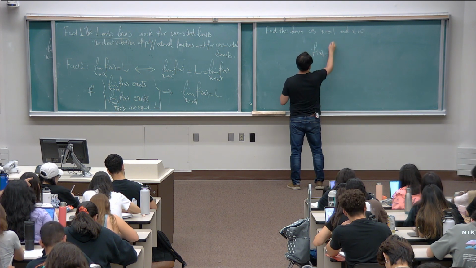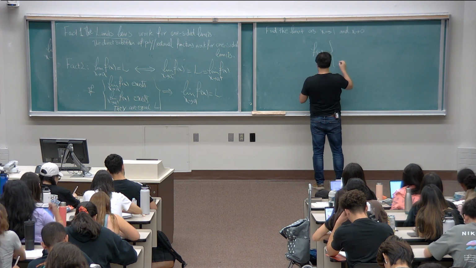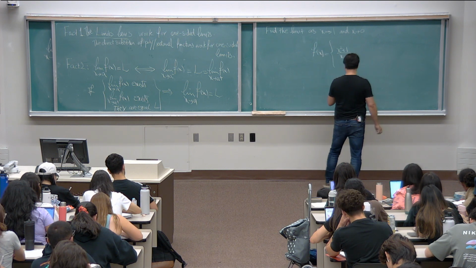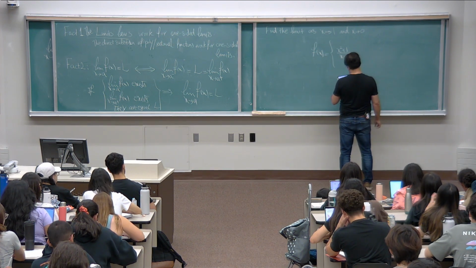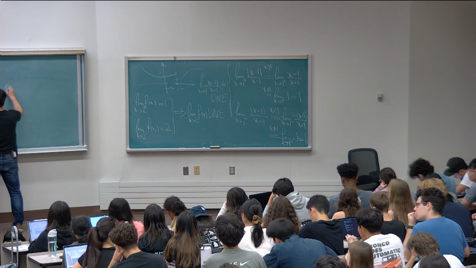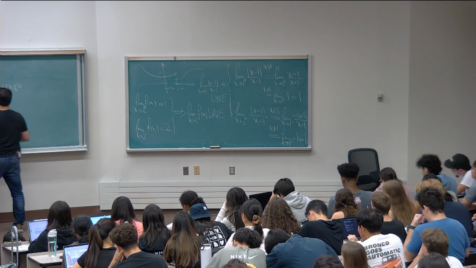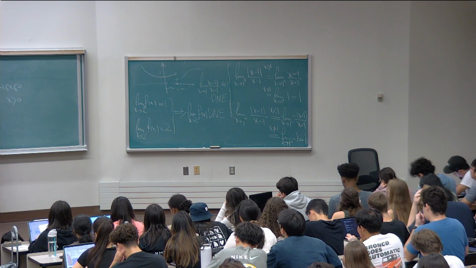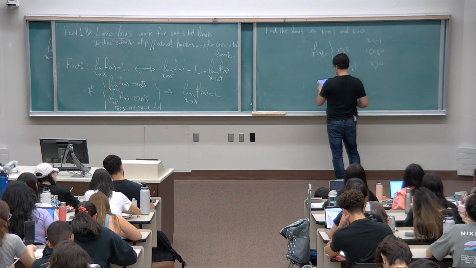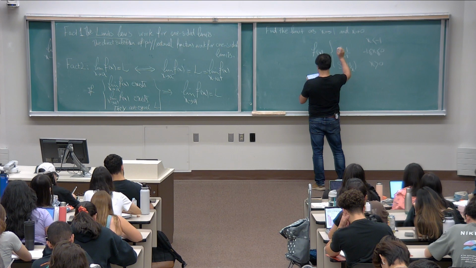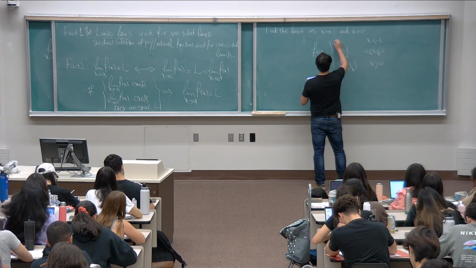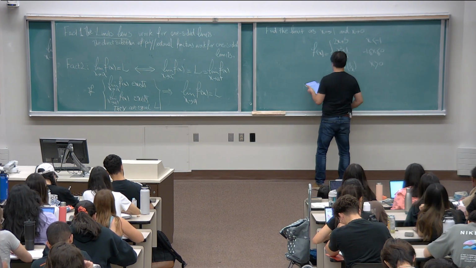F of x has these values: x squared plus 1 over x minus 1 for x's between negative 1 and 0; for x bigger than 0, it is sine of 1 over x; for x's less than negative 1, it is 2x plus 3.